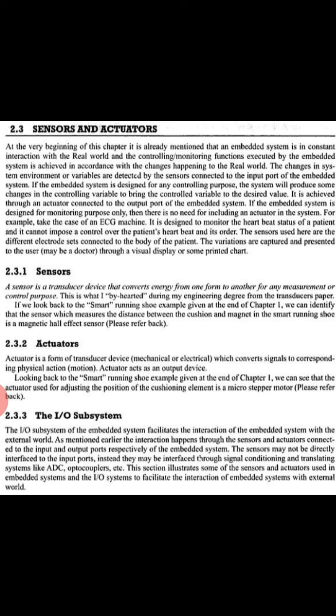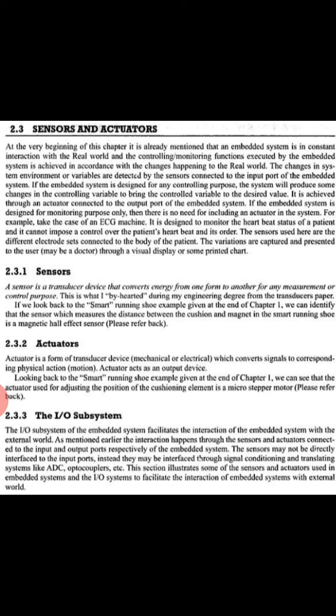It is achieved through the actuator connected to the output port of the embedded system. If the embedded system is designed for monitoring purposes only, then there is no need to include an actuator in the system.